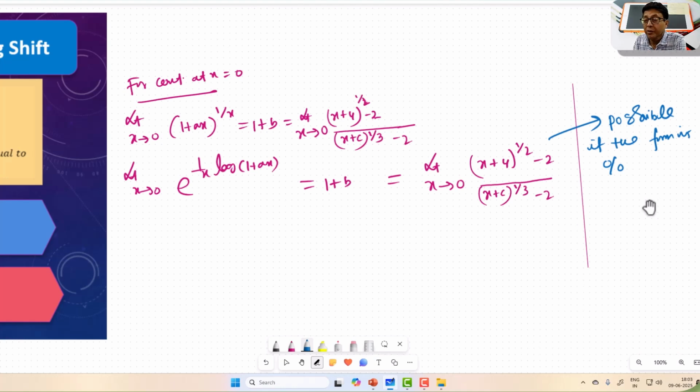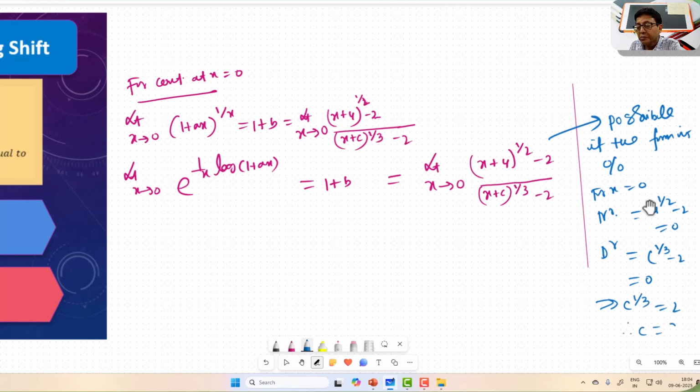For this reason, when you put x equal to 0, you can see the numerator is going to be 4 to the power half minus 2, which is 0. The denominator is not c to the power 1/3 minus 2, but it has to be 0 to evaluate the limit. So for evaluation of the limit, this must be 0, c to the power 1/3 equal to 2, therefore c is equal to 8.